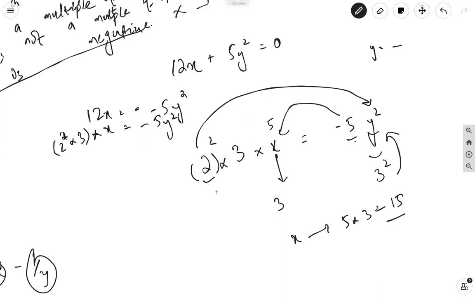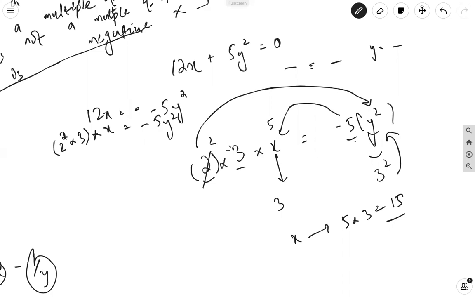We have 2 square on the left, and you know the equality rule is that the right term must be equal to the left term, so there must be 2 square on the right side to accommodate this. So we have minus 5 and y square, and this square value must be accommodated in y square. Let's suppose we are done with the 2 square for now. We are left with 3x and minus 5y square.